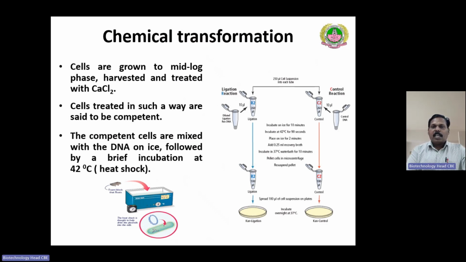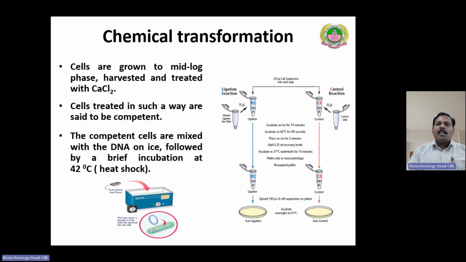Now it is assumed that the foreign DNA has been mobilized into the bacterial cells, and these cells which are harboring your recombinant DNA now have to be allowed to multiply or propagate by incubating them in a water bath, or you can use a shaker system for allowing them to multiply.